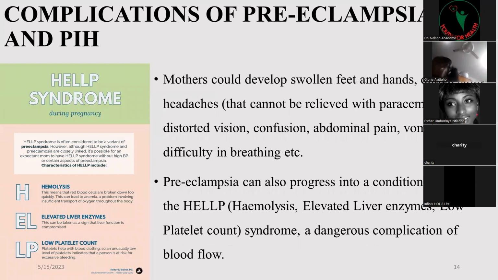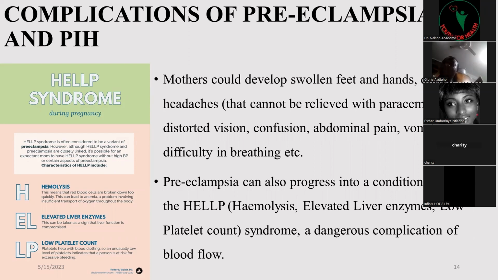Now, we have the HELLP syndrome. HELLP syndrome is hemolysis, which means that there is breakage of red blood cells, and then there are elevated liver enzymes, which is a sign that the liver function is compromised, leading to a low platelet count. Platelets help with the clotting of the blood.